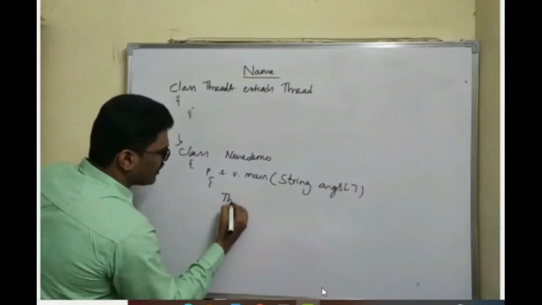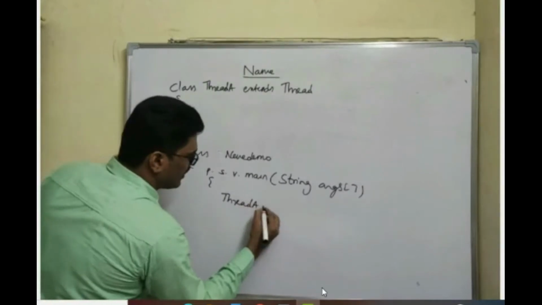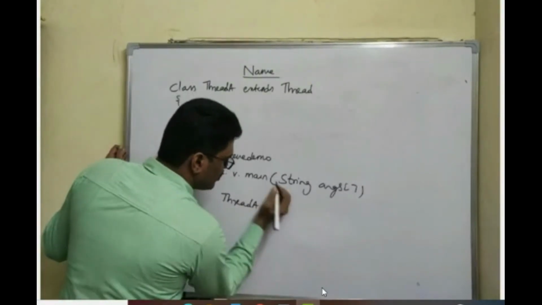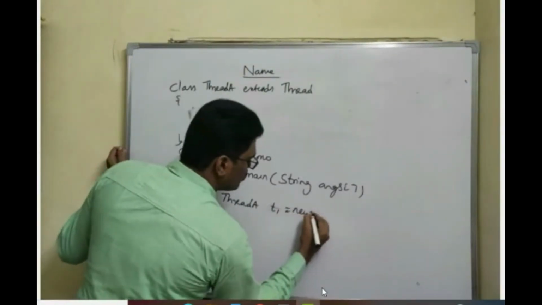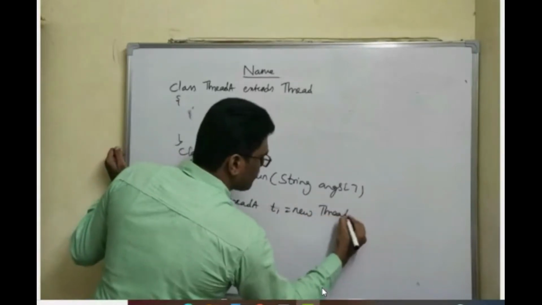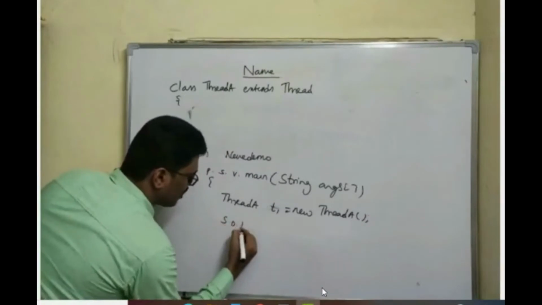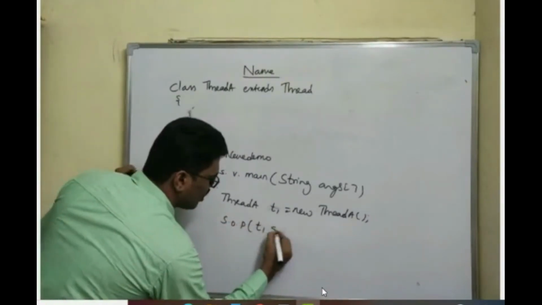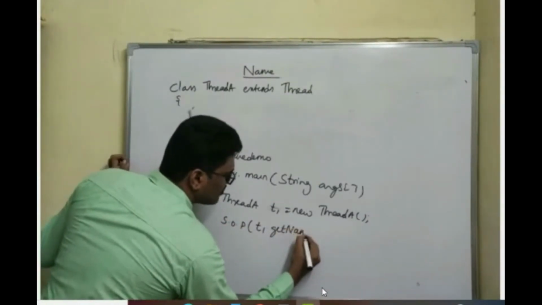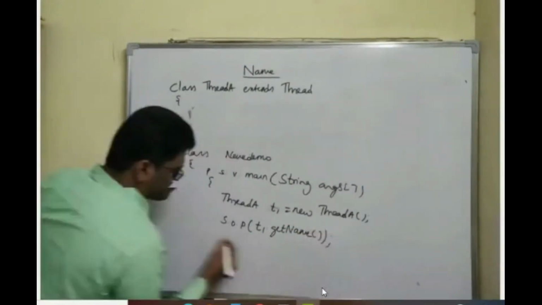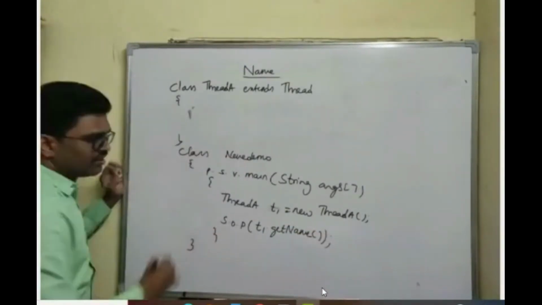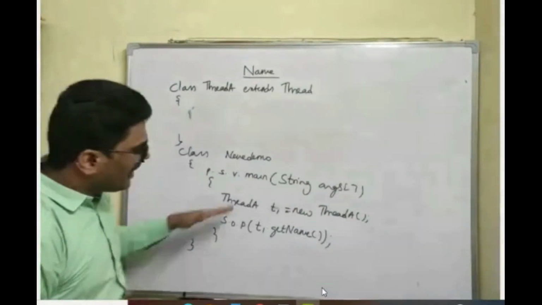Okay, I create an object for the thread class. So t1 is equal to new ThreadA. Now I'll write System.out.println(t1.getName()). I did not give any name.